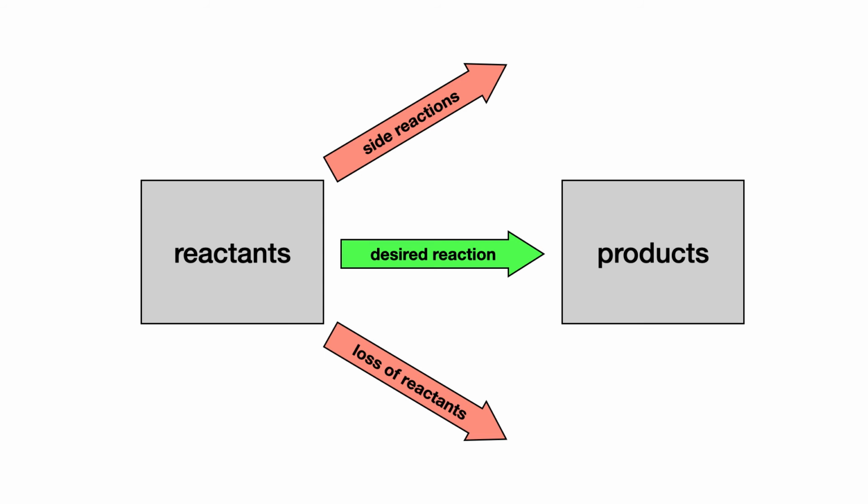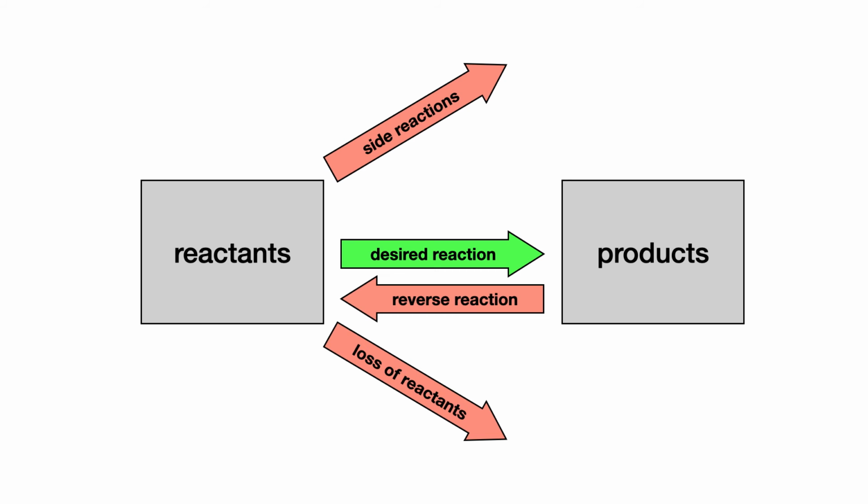And usually the most important thing that limits the amount of products is that the reverse reaction occurs at the same time. And so as the reactants are going to produce products, the products can go through the reverse reaction and go back to forming reactants. And so typically what this means is that you'll end up with a mixture of reactants and products.